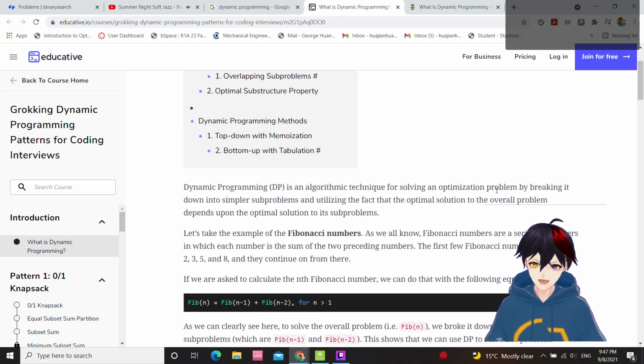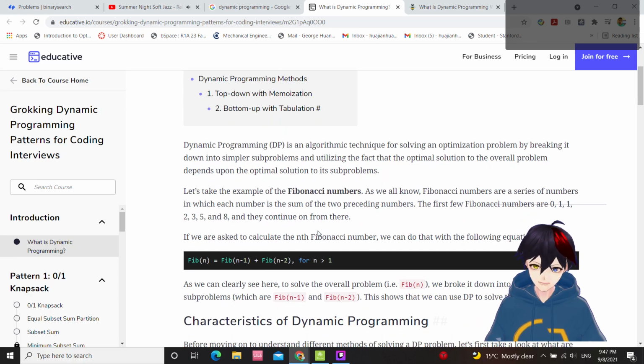So, optimization by breaking it down into simpler subproblems and utilizing the fact that the optimal solution to the overall problem depends upon optimal solutions to the subproblems. Again, the Fibonacci.